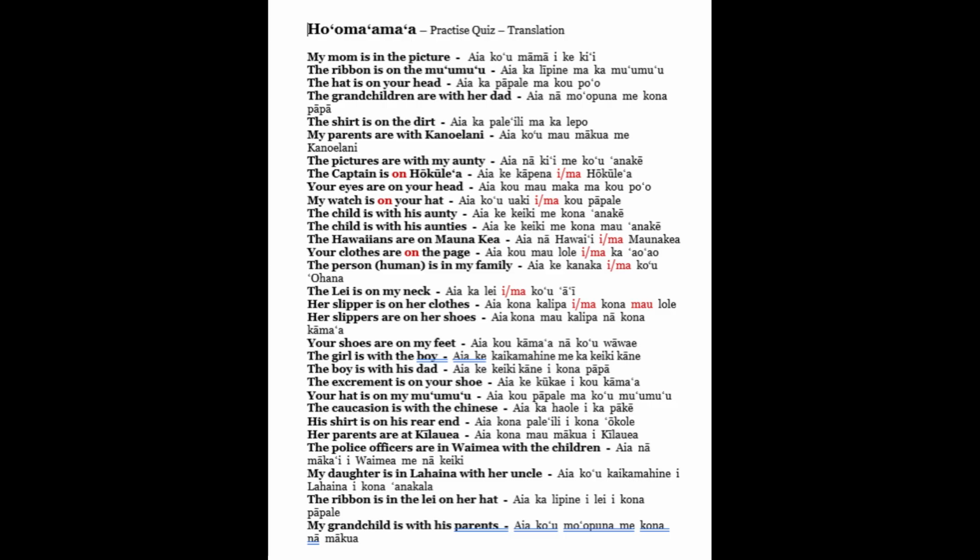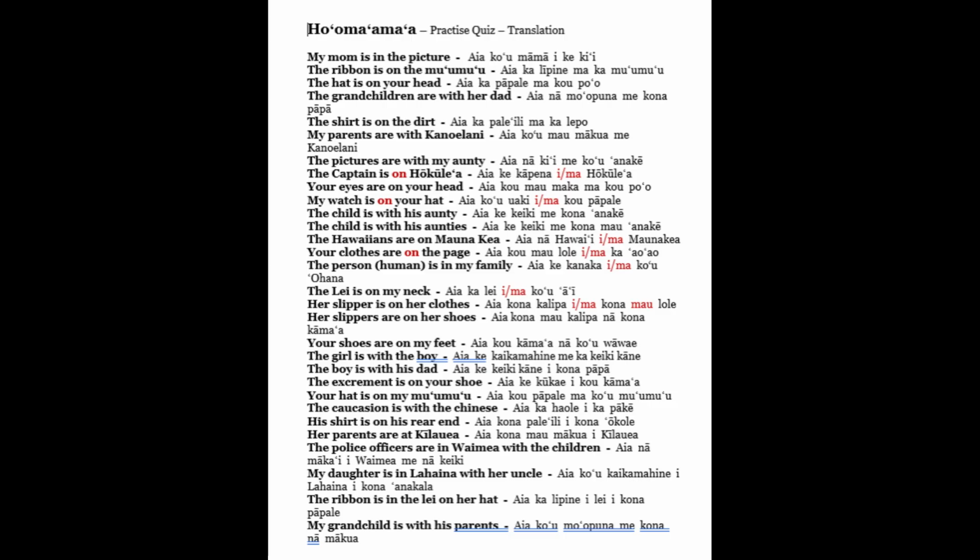The next one is the grandchildren are with her dad. Ia na mo'opuna. In this case, the na is plural to mo'opuna, so that means grandchildren. The grandchildren are with her dad.